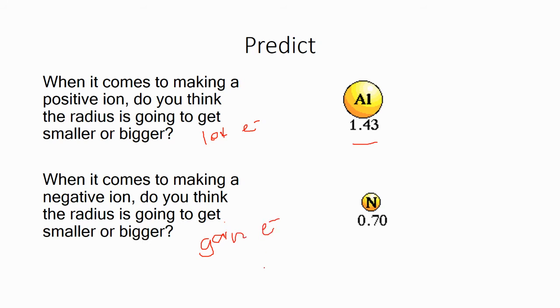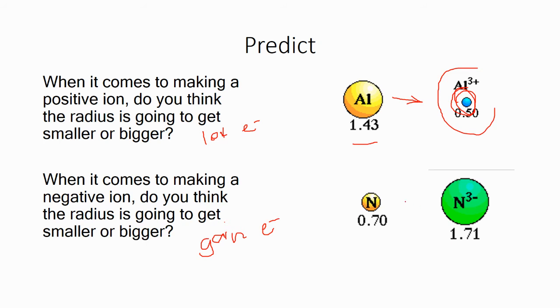We're going to put them in the same electron shell. Is it going to get bigger or smaller? So going from an atom to an ion, aluminium loses an electron shell, so it's going to end up smaller. Whereas the negative ion, going from an atom to an ion, gains electrons, and so it actually ends up being bigger.